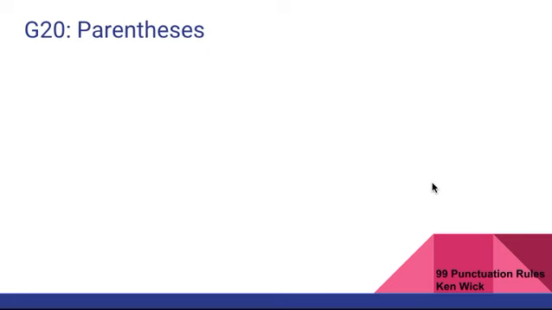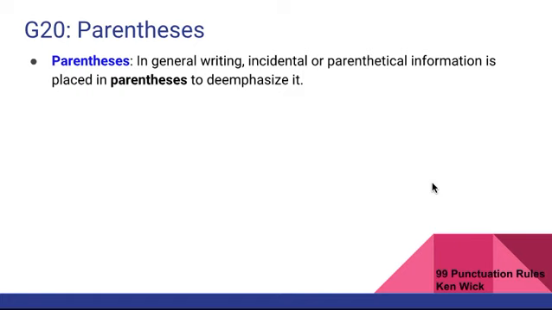Parentheses. Parentheses in general writing indicate incidental or parenthetical information, and they basically de-emphasize the information. Once again, a comma is a general neutral separator, the dash emphasizes, and the parentheses de-emphasize.